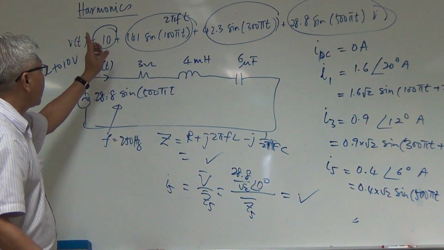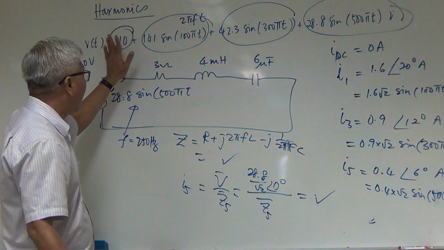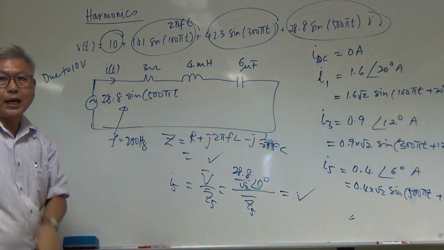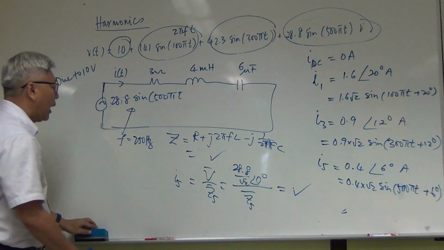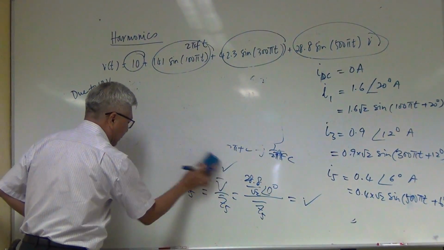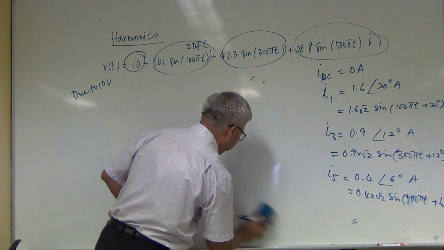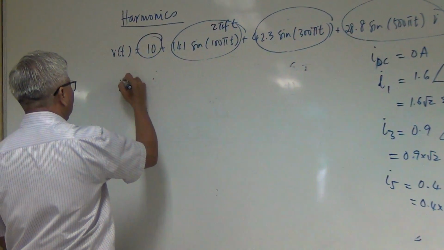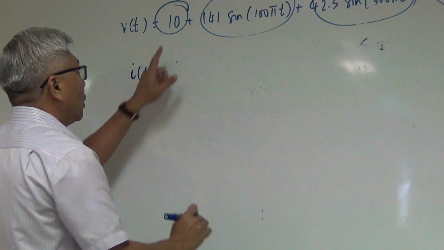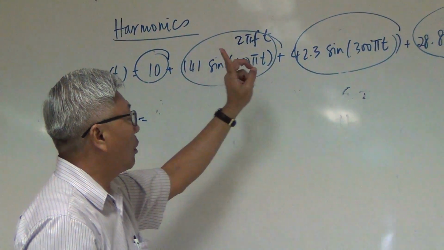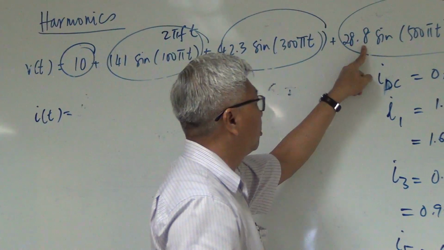Since my voltage signal has 4 values, 1, 2, 3, 4, you have to do this mathematics 4 times. After you have done that, by the principle of superposition, you add them all up together. So IT is equal to the current contributed by this one, this one, this one, and this one.